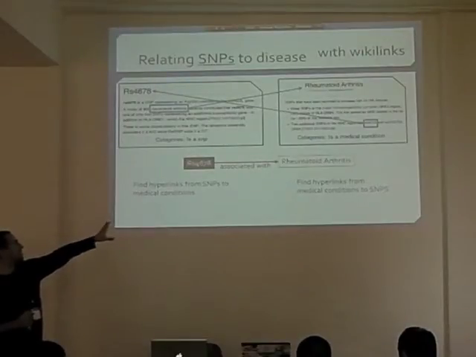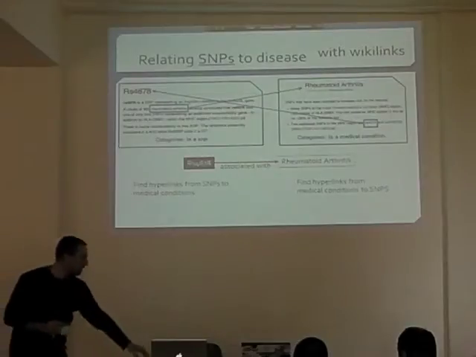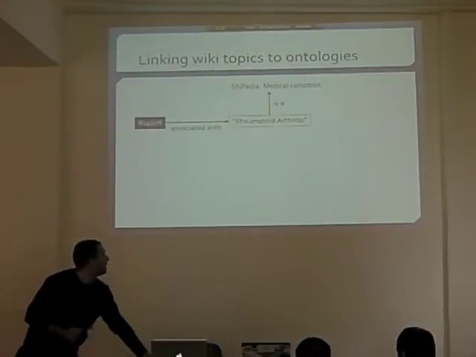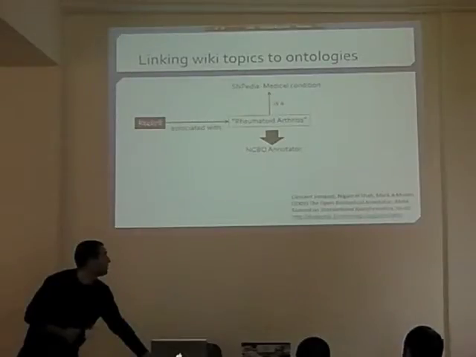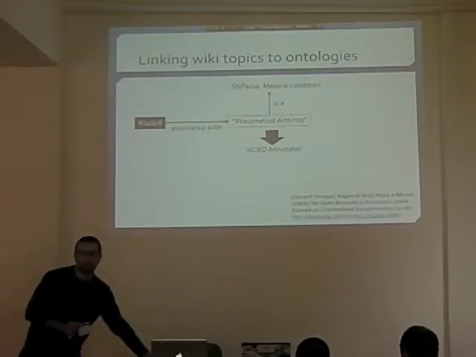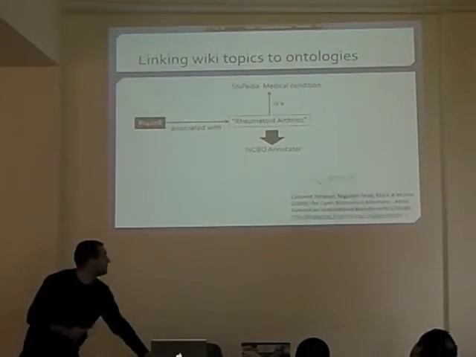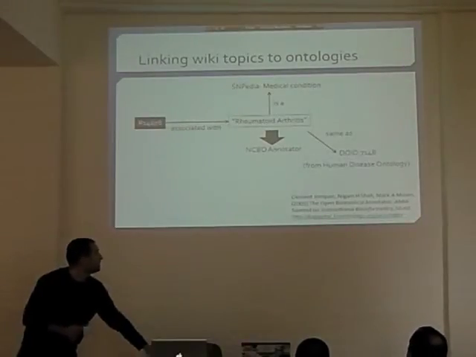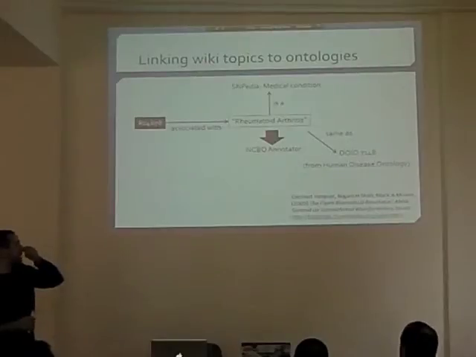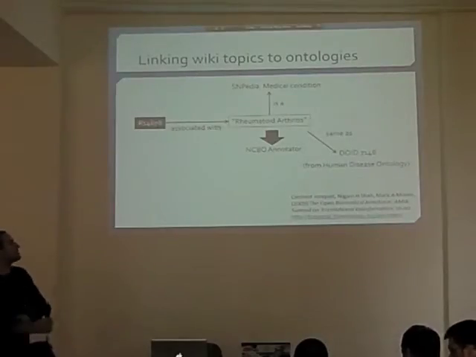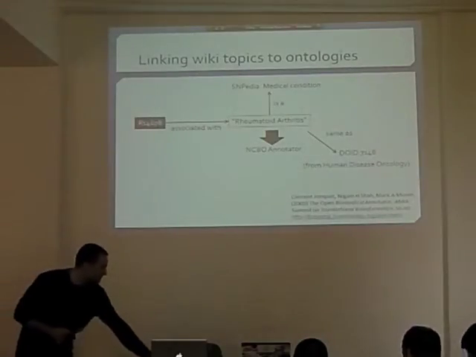We used just a very generic property, associated with disease. And then we validated this using the NCBO Annotator, which is an online tool for recognizing biological concepts. It's an ontology-driven tool developed at Stanford. And we also included the property same as to the Disease Ontology.